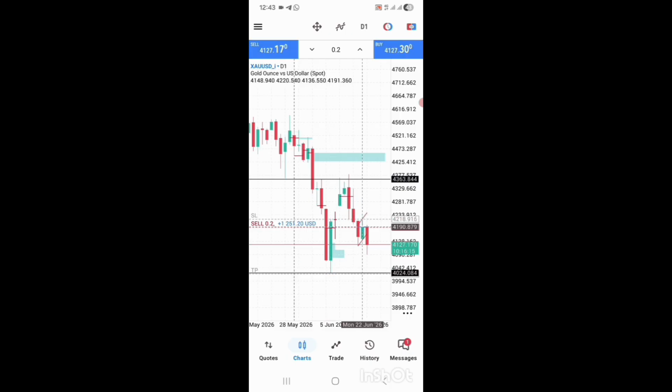So maybe this high will create this candle and another one that is later going to take out this low here to become a new low, just like it did here. Let's just wait and see.